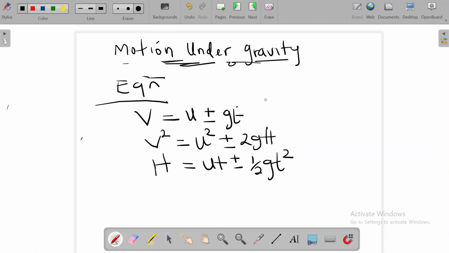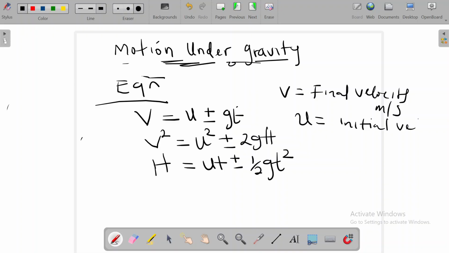Now, what does the v stand for? The v stands for the final velocity, which is in meters per second. The u stands for the initial velocity. The t stands for time. h stands for height.